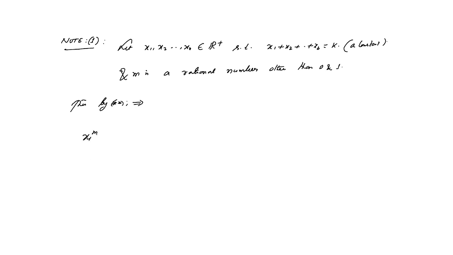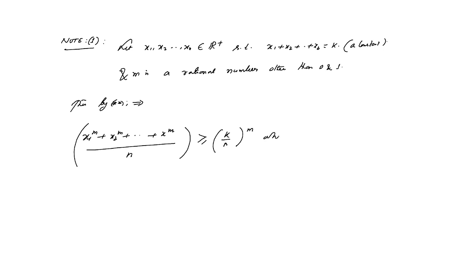We can write (x1 to the power m plus x2 to the power m plus ... xn to the power m) by n is greater than or equal to (k by n) whole to the power m when m is either greater than 1 or m is less than 0. That means it is basically outside of 0 and 1. Either m is here or m is here.